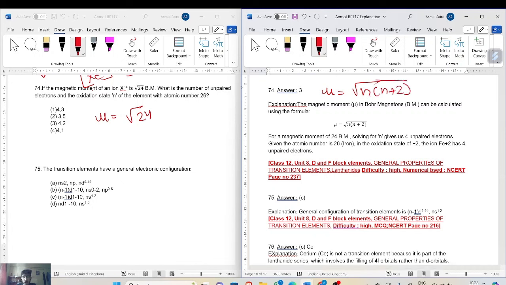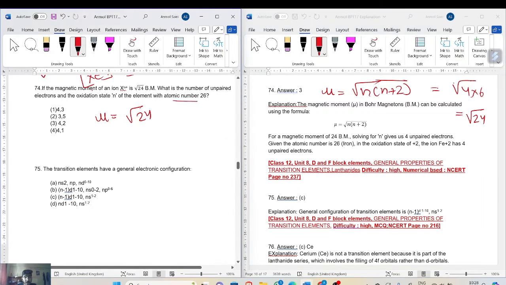So we want the value to be 24. If we put n equals 4, root of 4 into 6, we get 24. Hence our magnetic moment is root 24, so this condition is satisfied.